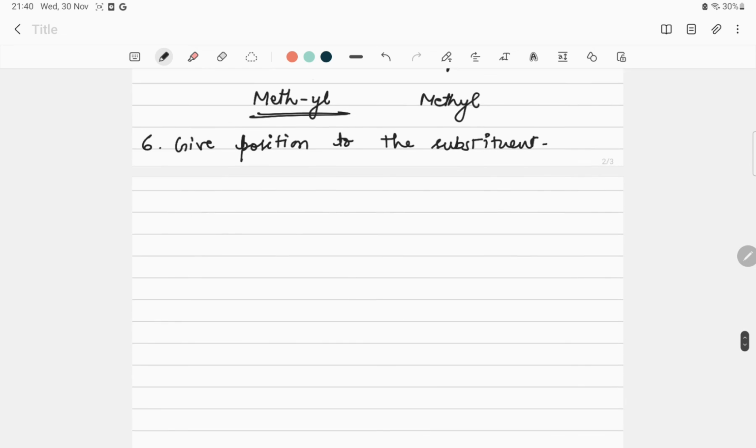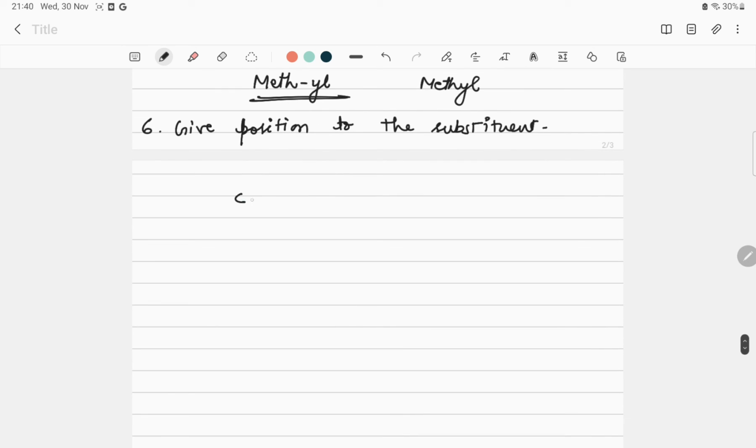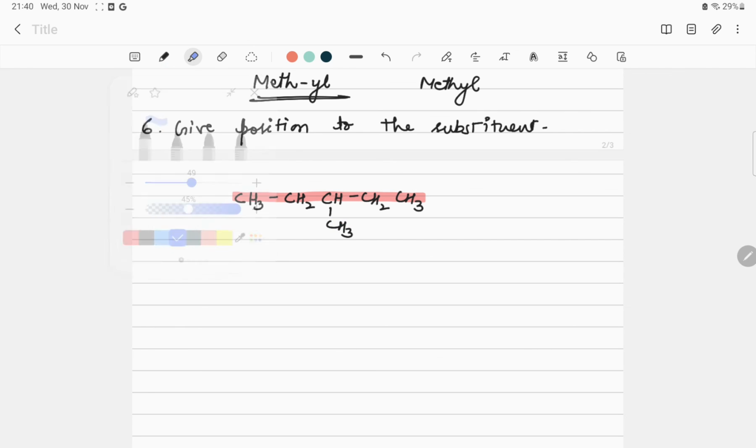So what is the name of this compound going to be? If I write the compound again, it was CH3, CH2, CH, CH3, CH2, CH3. This was the compound. Here we selected this as the parent chain, and we selected this as the substituent.